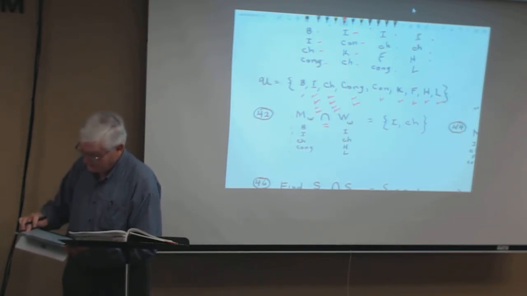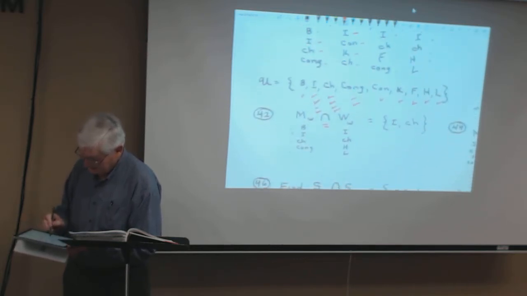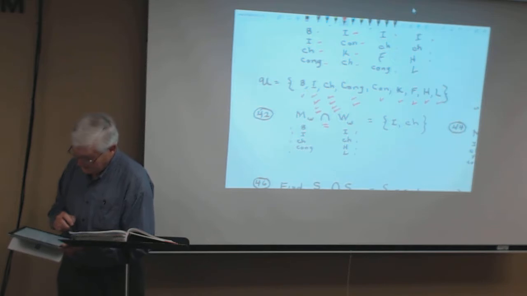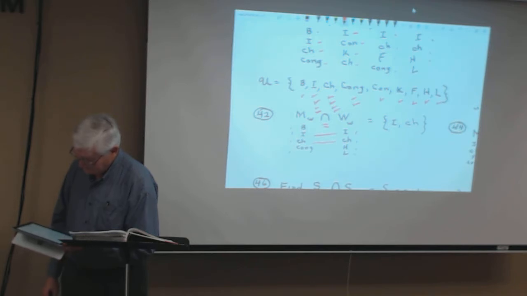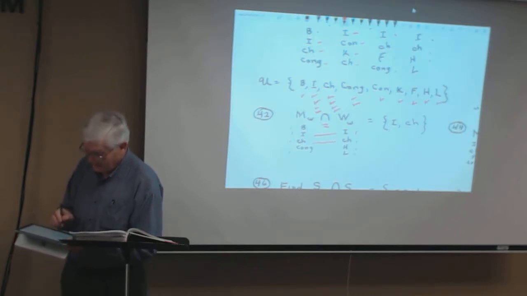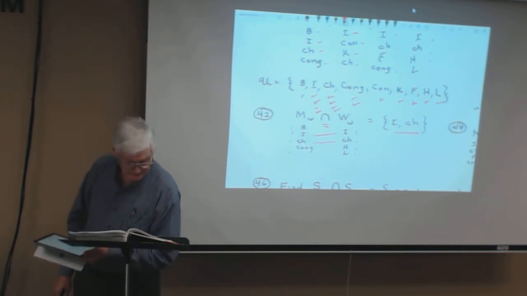Then I put down W sub W, I, C, H, H, L. Now, are there any things in common? Yeah, there's a C, H, and an I. So what's the intersection of men with women and women with women? Intelligence and cheerfulness. Is that what that is? CH?